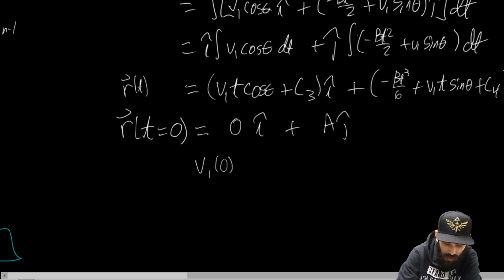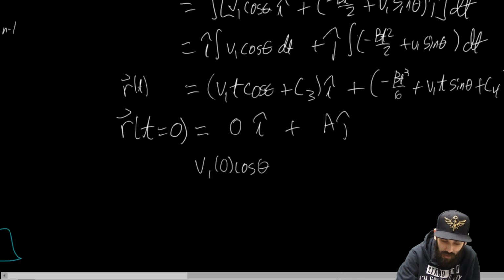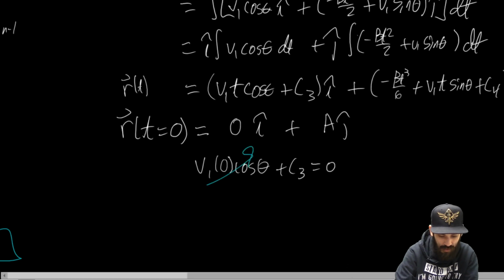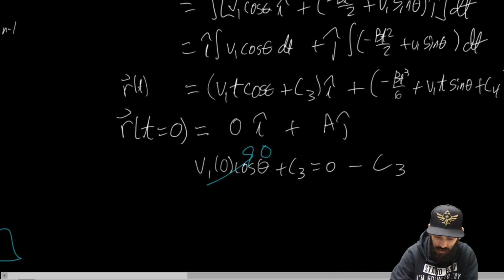And so that says that v1 times 0 times cosine of theta plus c3 is equal to 0. Because this term right here is itself 0, this implies that c3 is equal to 0.